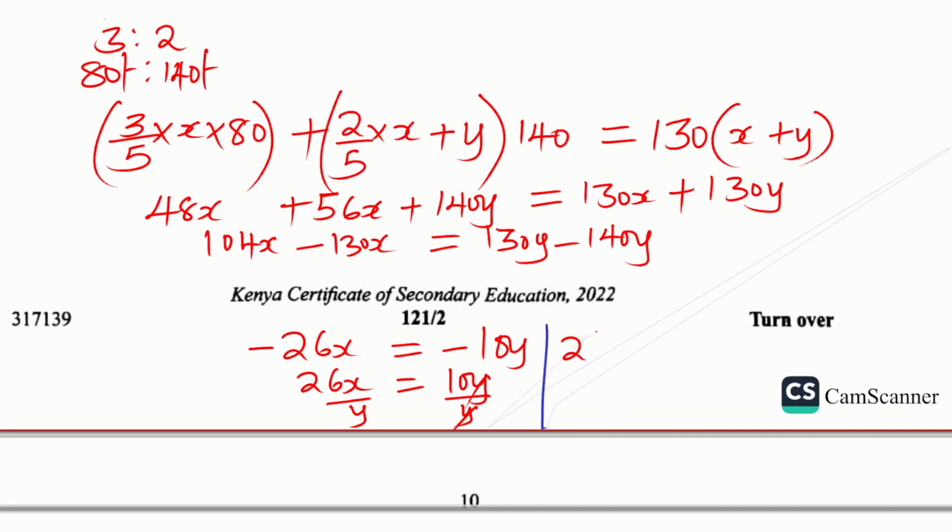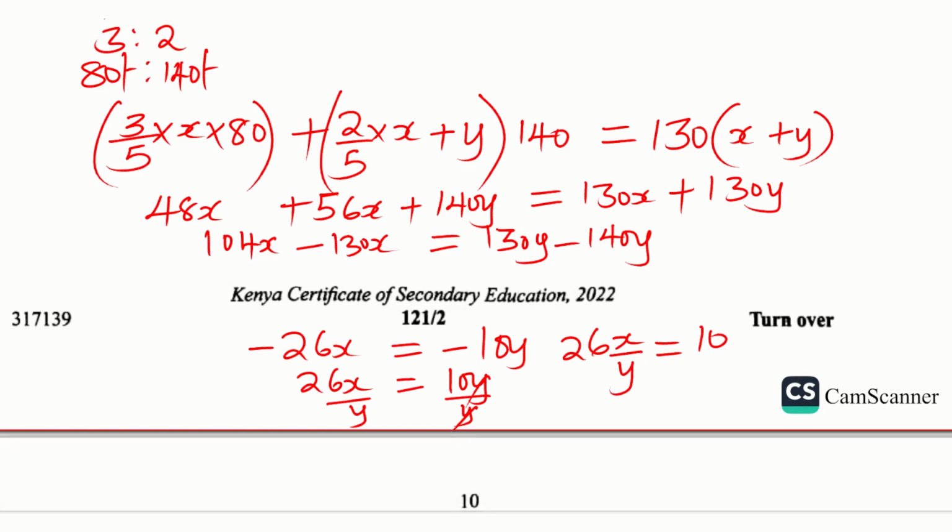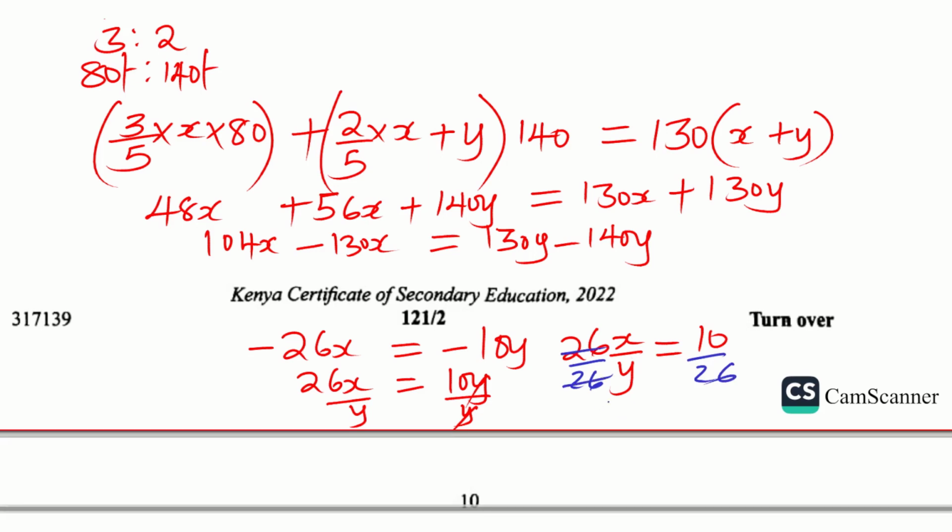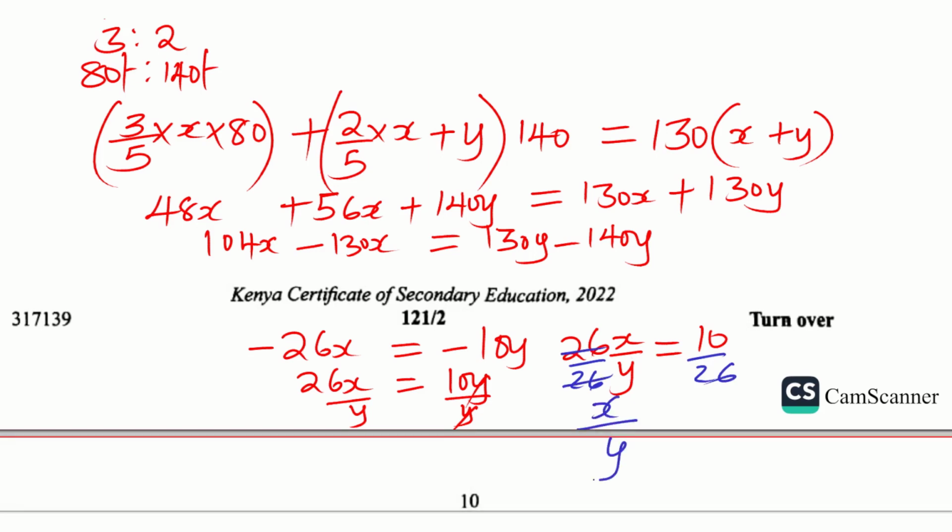So from there we have 26X divided by Y is equal to 10. Again divide both sides by 26, and this will give X over Y is 10 over 26.